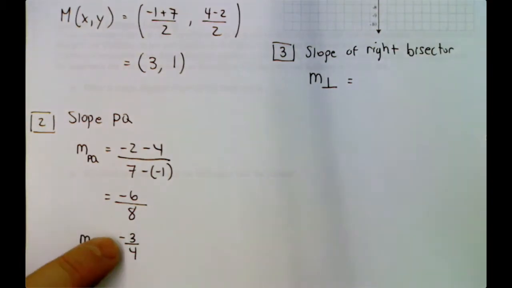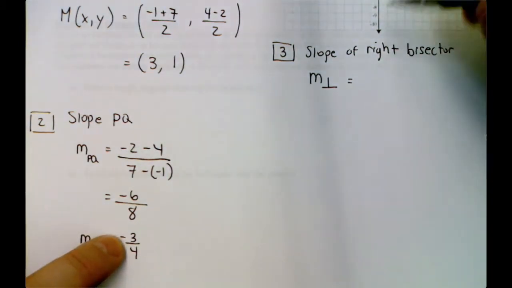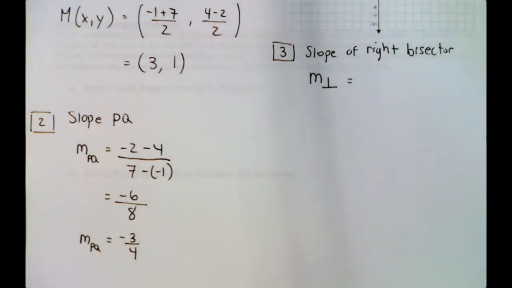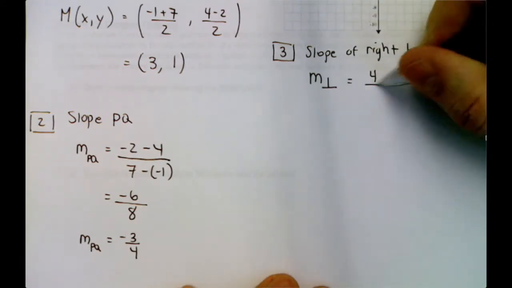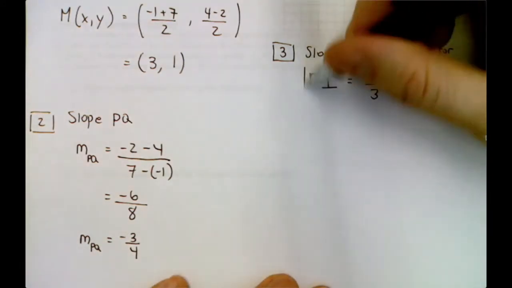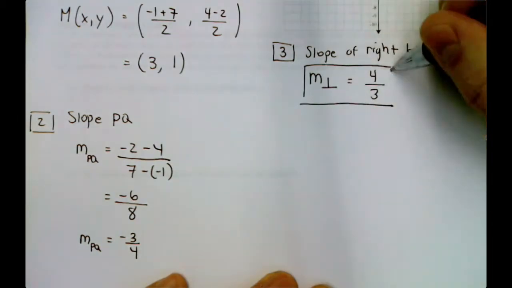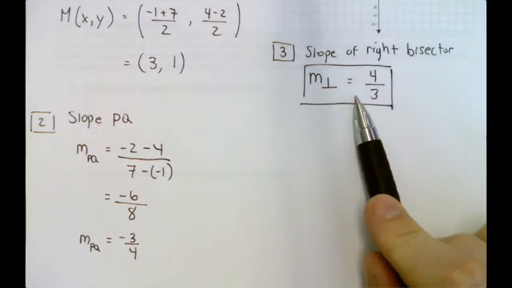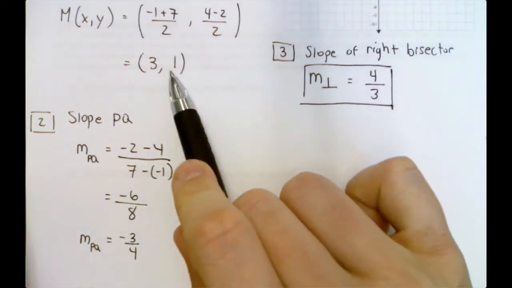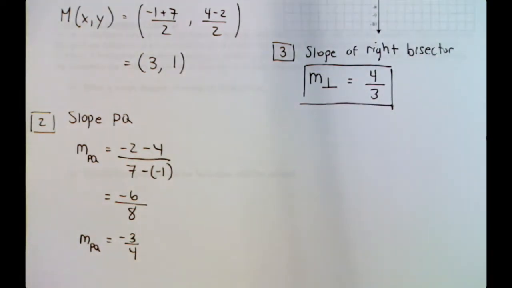So our slope of PQ is negative, so our slope of our right bisector is going to be positive. The slope of PQ is negative 3 over 4, so our reciprocal would be 4 over 3. Now we know the slope of our right bisector, and we have a point. Slope and a point means we can find b.